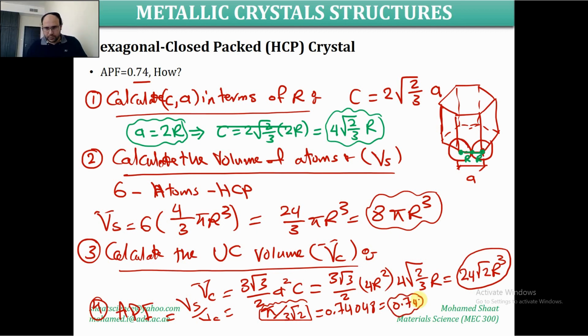Make sense? There is a very important thing to notice here. The atomic packing factor for the HCP is 0.74, and for FCC it is 0.74. The same number, yes. But it is not necessarily the exact same one.